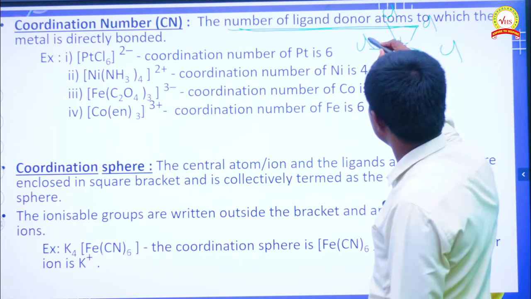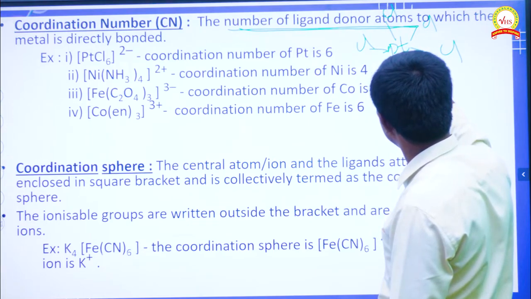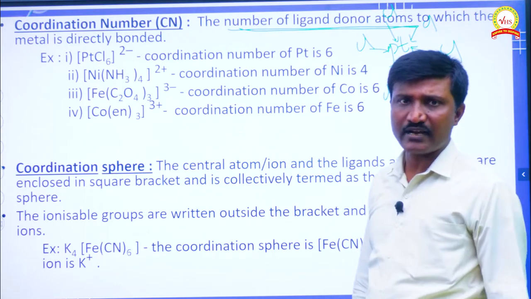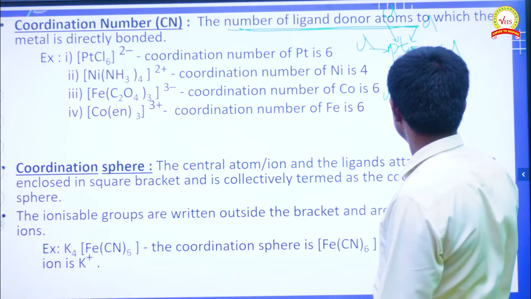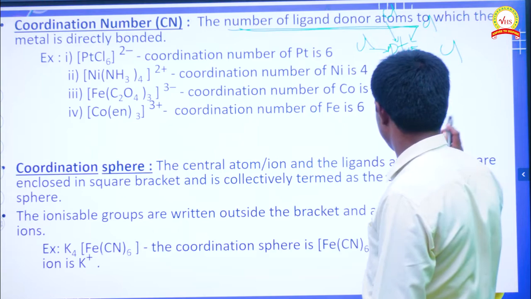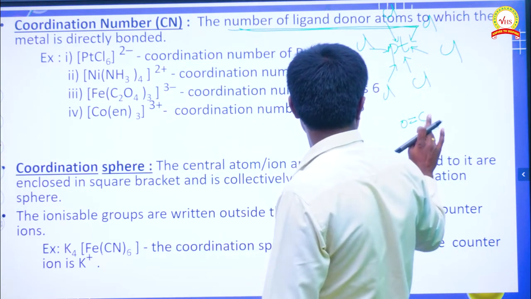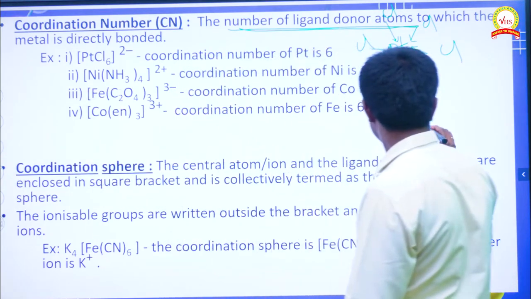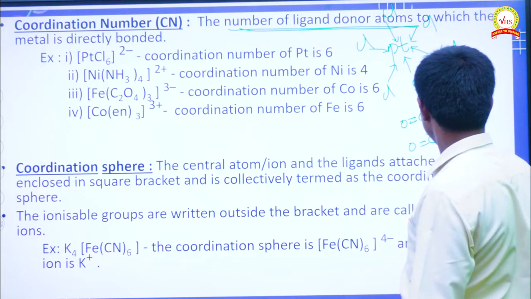In this, only one chlorine is there, and that chlorine gives electron density, that is a lone pair of electrons, to the platinum. So only one donor atom is there, that is Cl. But if I take C2O4, the structure of C2O4 is C double bond O, C double bond O, O minus, O minus.